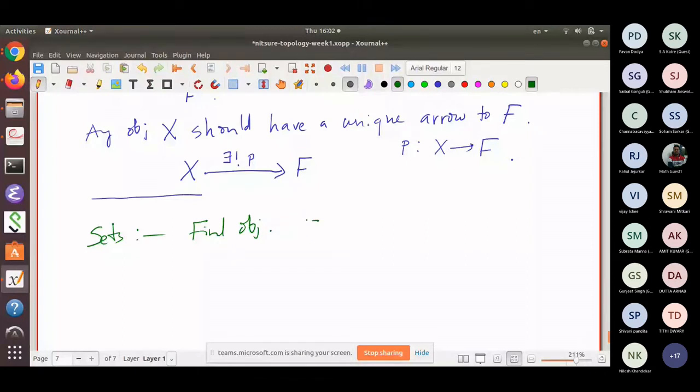F can be any singleton set. Groups: the trivial group, that's a one point group. Final object, a singleton group.